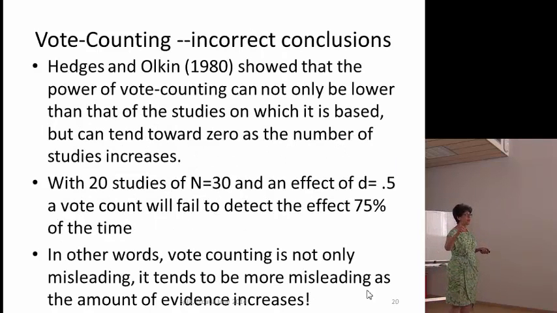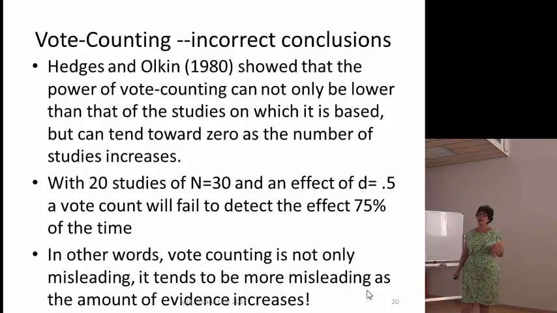Hedges and Olkin, and Larry Hedges is like the father, and Olkin is the grandfather of meta-analysis, actually had a paper as early as 1980 showing that often the power of a vote count to reach the right conclusion was lower than the primary studies that were included in the vote count.